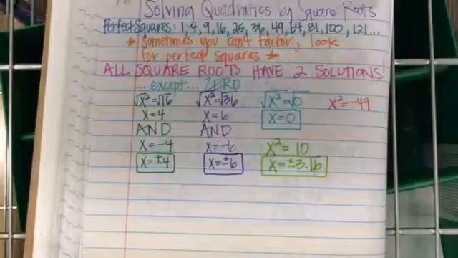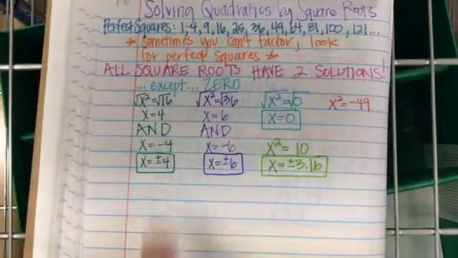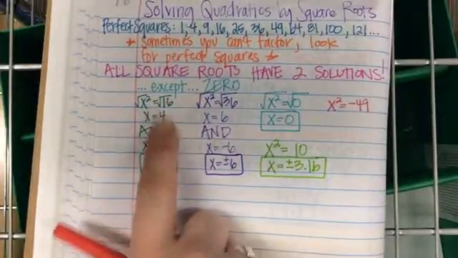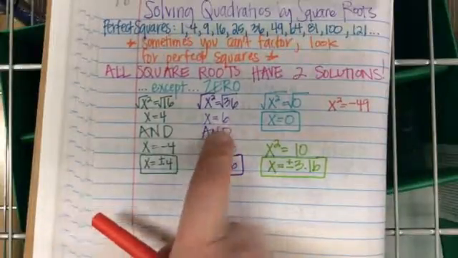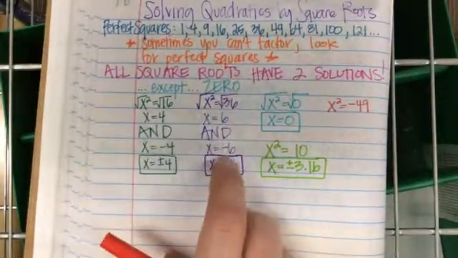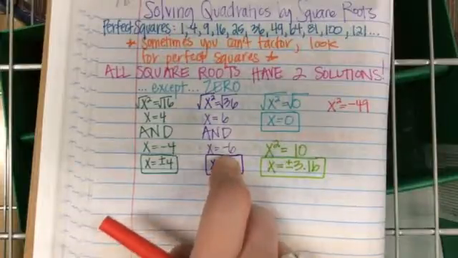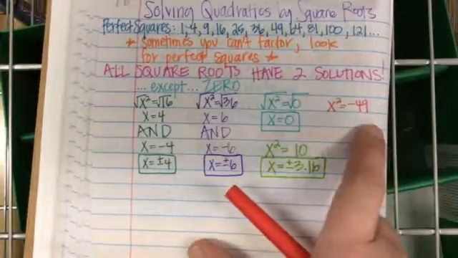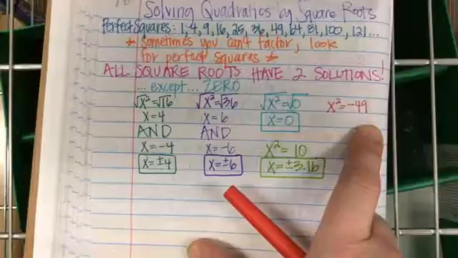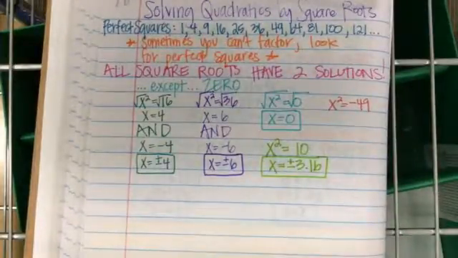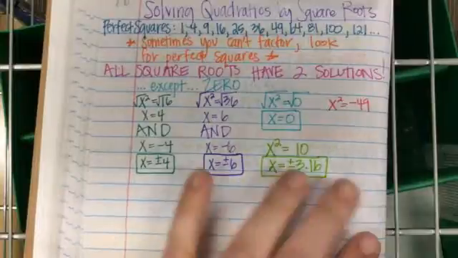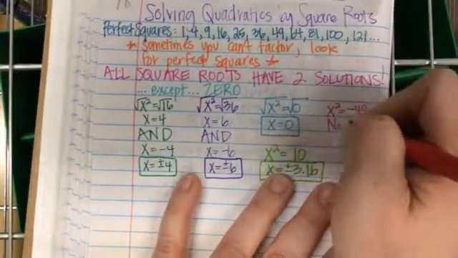Well, they have to be the same, don't they? Like 4 times 4 was 16. Negative 4 times negative 4 is 16. 6 times 6 is 36. Negative 6 times negative 6 is 36. But what times what equals 49? Negative 7 and positive 7. Are they the same? No. This problem has no solution.